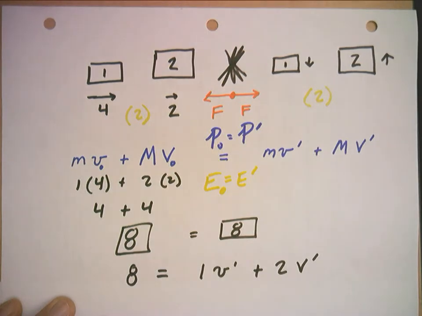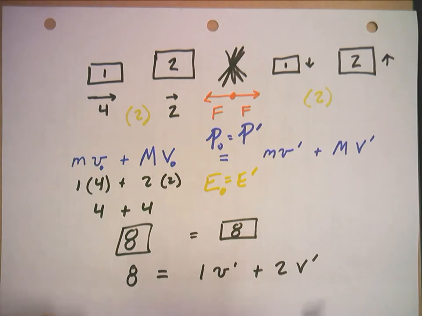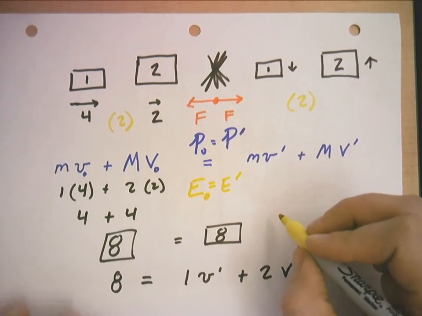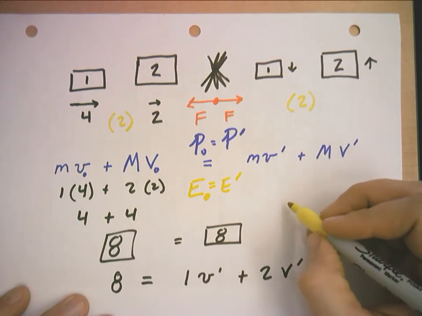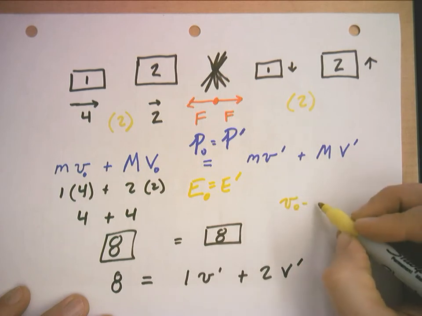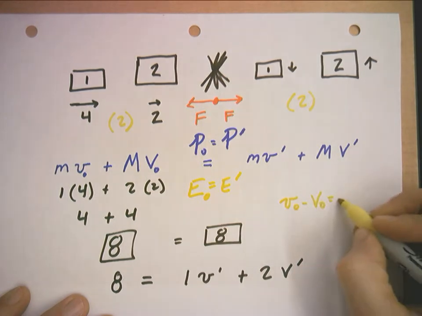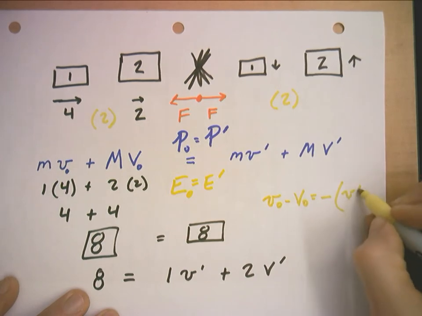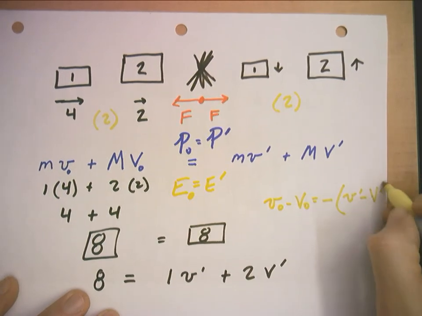And we can say that the final velocities will actually be 2 apart, just like the initial velocities were 2 apart. So if we want to state this mathematically, we can say the difference in the velocities before, little v naught minus big V naught, is going to be equal to the opposite after the collision, so little v prime minus big V prime.